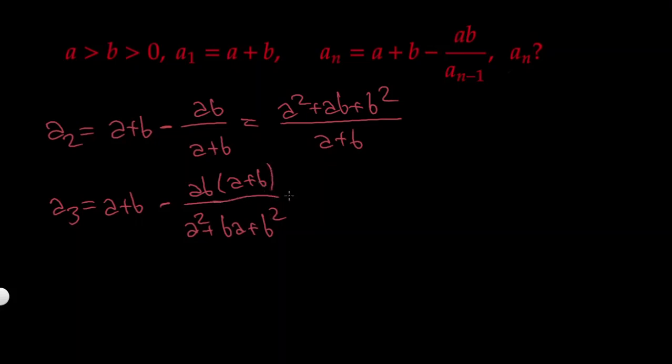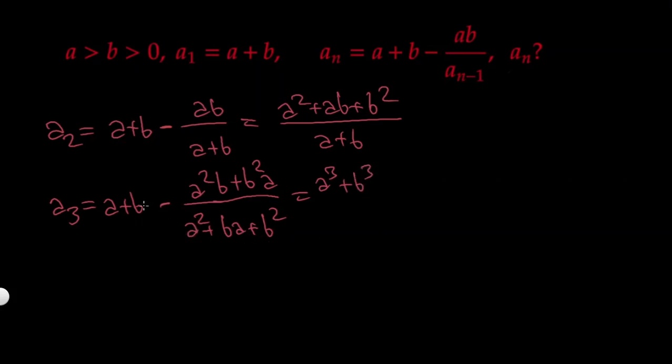Let's try to write everything a bit more expanded already. This thing is just a squared b plus b squared a. If I expand this and multiply it with this one, I will have a cube plus b cube.